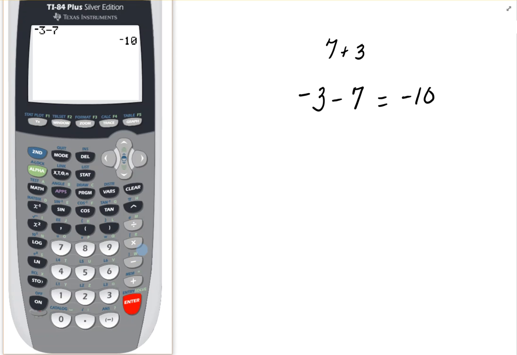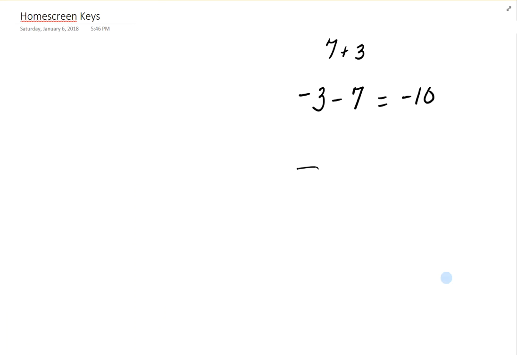So if I'm going to say -5 and I put this key, you notice that it said answer minus. The calculator thinks that this is an operation key, and therefore it wants something in front and something behind the operation of subtraction.